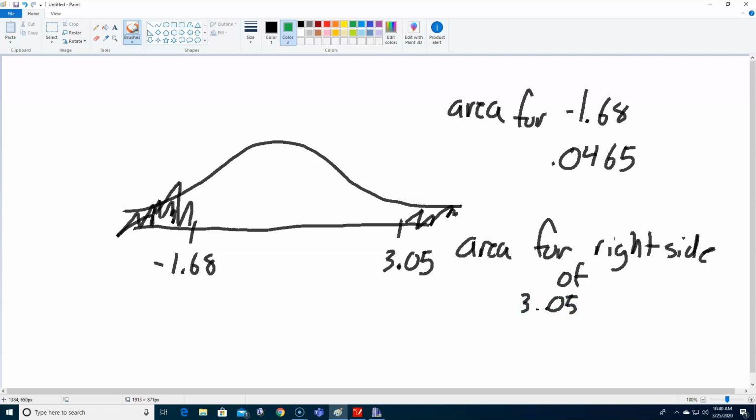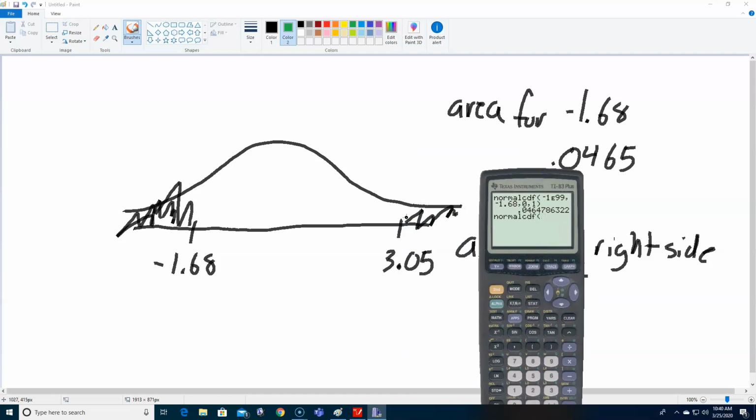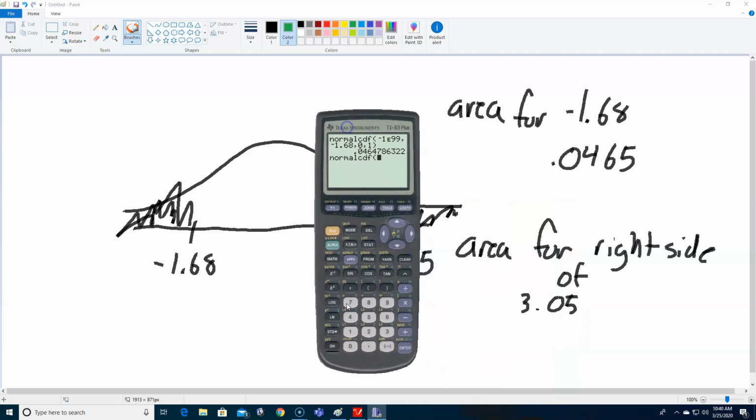Now to do this in the calculator, I have to shift my upper bound and lower bound numbers. And I'll show you. Same exact start off, normal CDF, but now I need it to go from my starting point, which will be 3.05, to a big positive number.